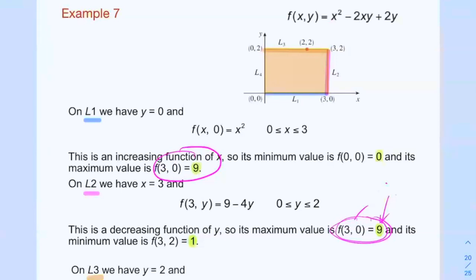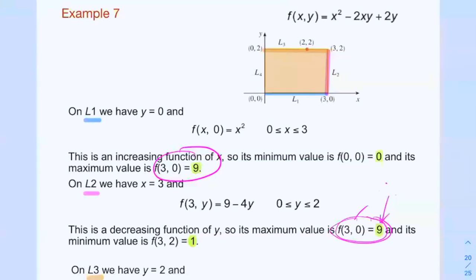So the smallest value over here will be 0 squared, which is 0, right? And the highest value along this is 3 squared, which is 9, right?